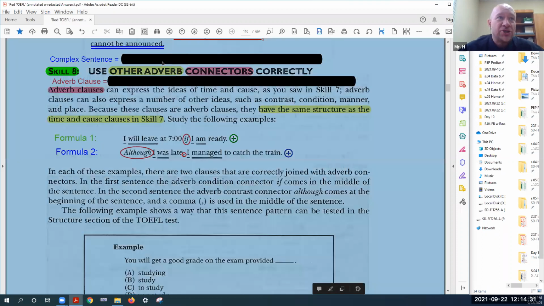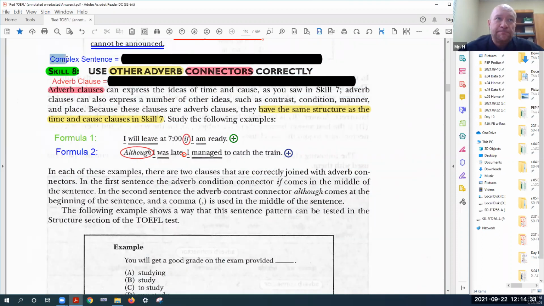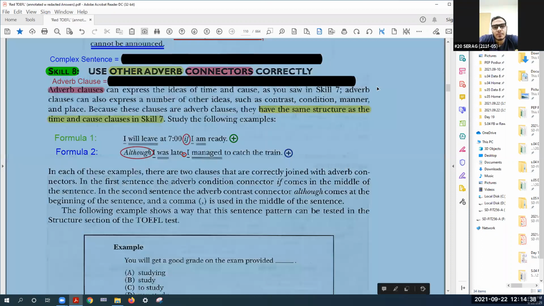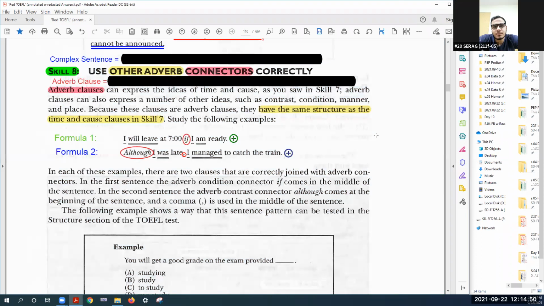All right, Siraj, what do you see at the top? Complex sentence. What is a complex sentence? Do you remember? Anybody, if you remember, you can help.